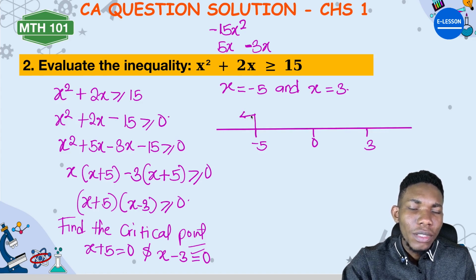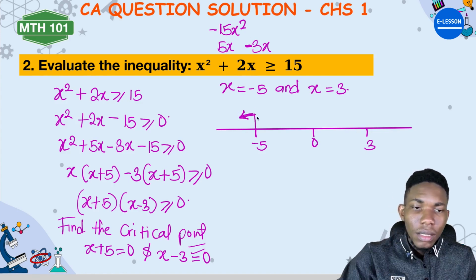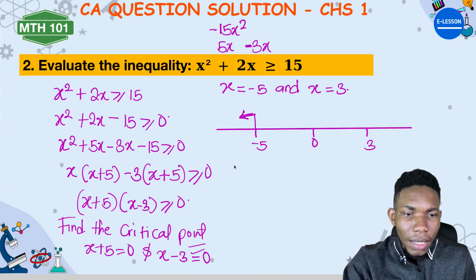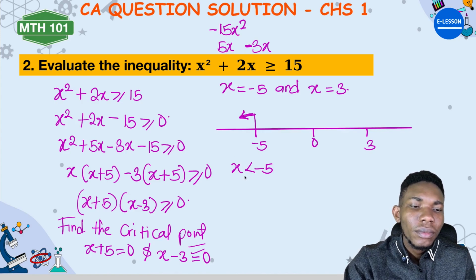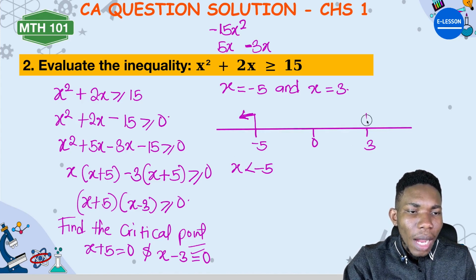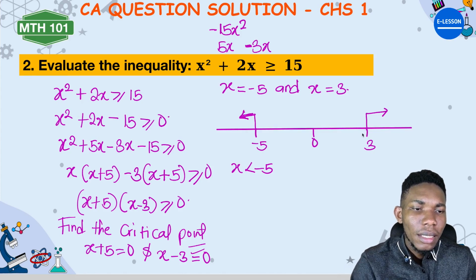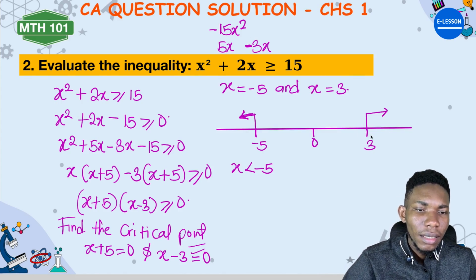X is less than minus 5. This part here. If x is less than minus 5, my dear student, this is this part of the number line. Then you have another one where x is greater than 3.